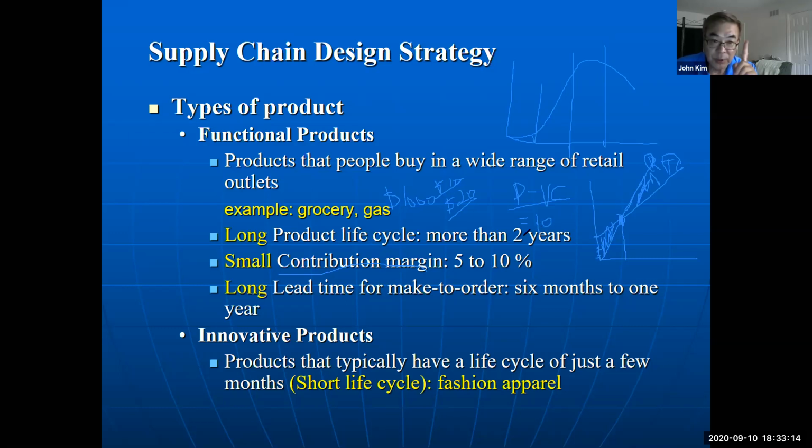Then produce one, sell, $10 margin, and that offsets $10 of fixed cost, machine cost, and so on.